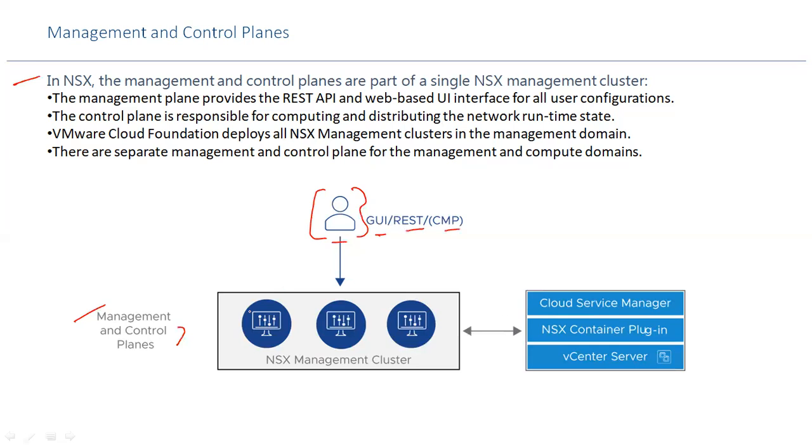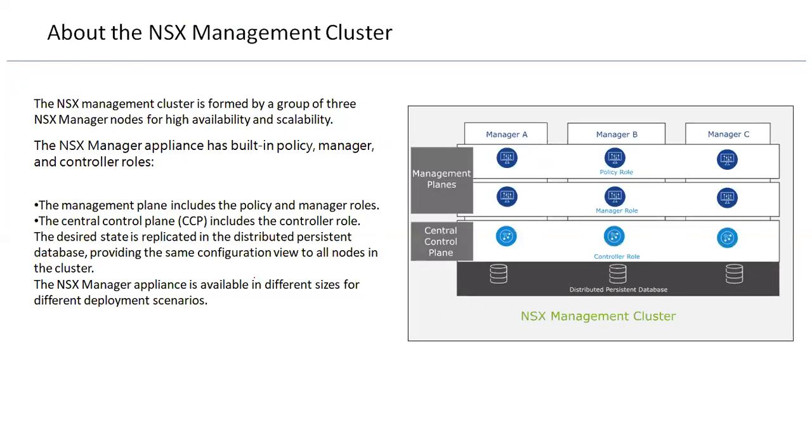In NSX Manager, my management plane and control plane are together within the entire set of appliances that we deploy for NSX Manager. In the management plane, we have two inbuilt roles, the policy role and the manager role.